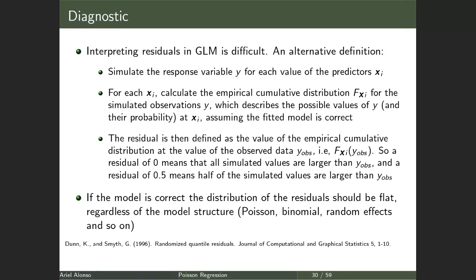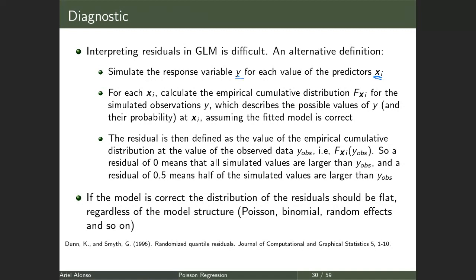You are going to simulate the response variable for each value of the predictor. You have the vector with the predictors, and you're going to use the model. You're going to assume that the model is correct, and start simulating responses for these values of the predictors.